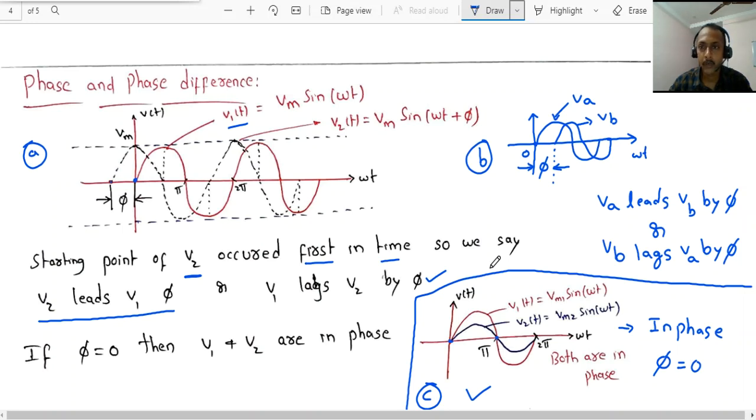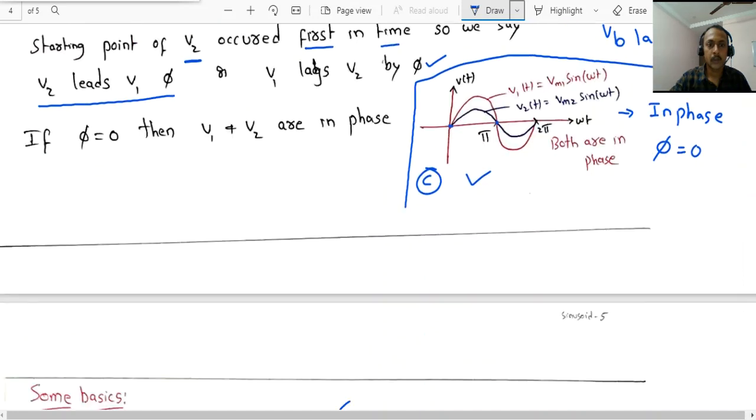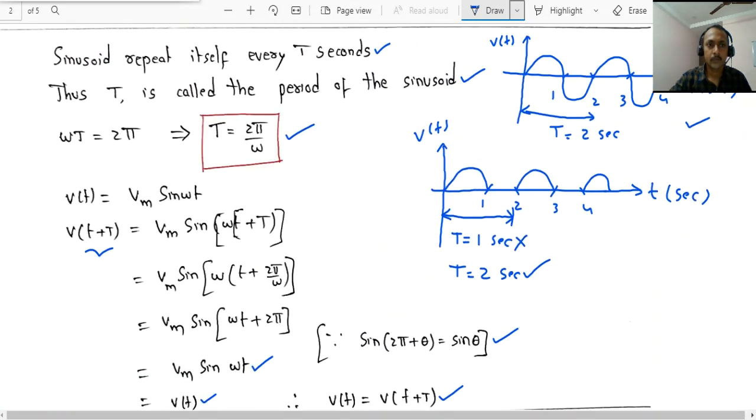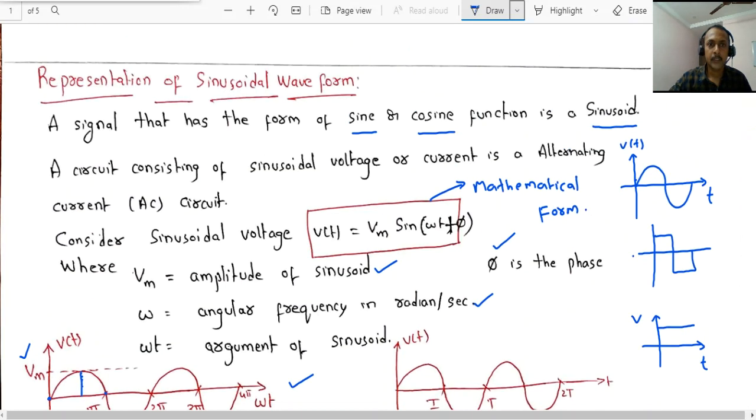V2 leads V1. In diagram B, VA is occurring first. VA leads VB. In diagram C, both are starting at the same time. Both are in phase. Clear? So this is all about the representation of a sinusoidal waveform. Thank you.